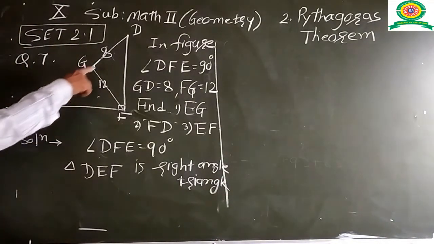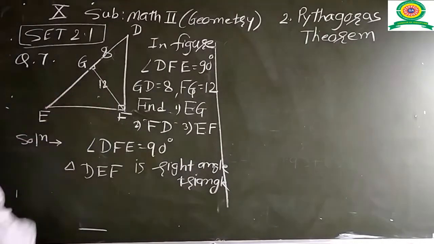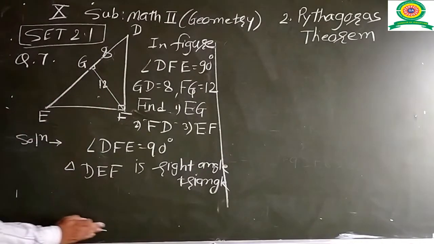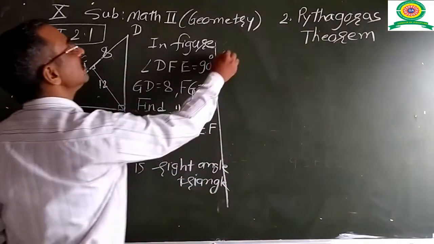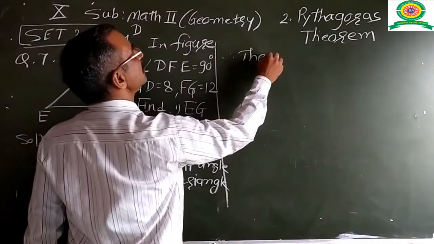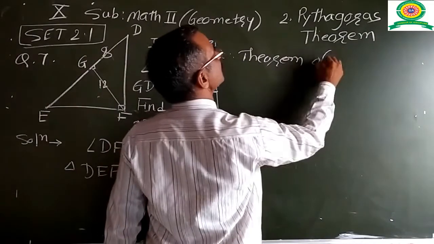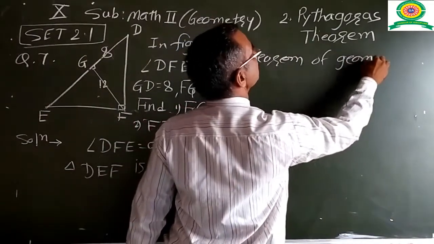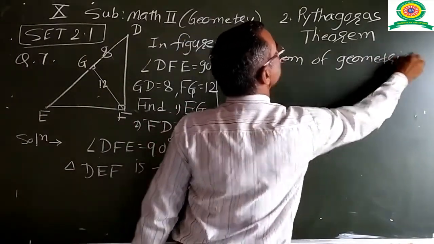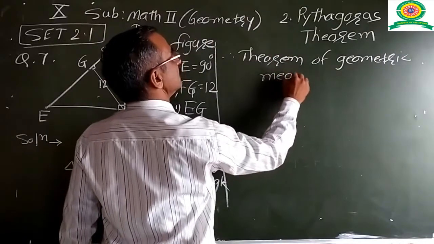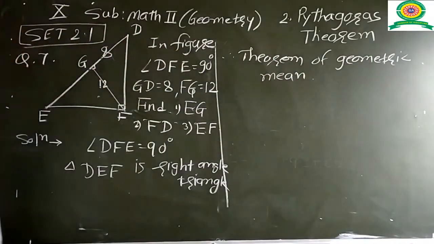By putting these values here and by using the theorem of geometric mean, which we studied earlier. Theorem of geometric mean. What does it tell?